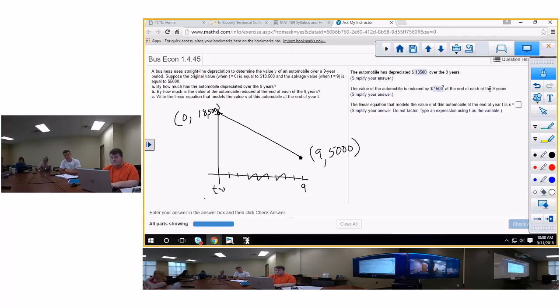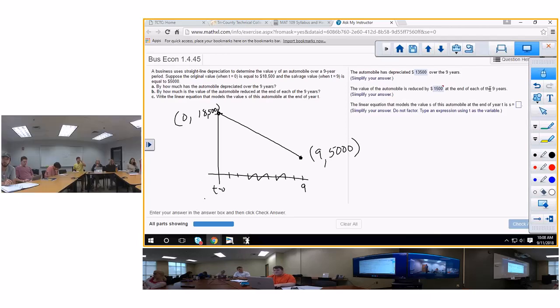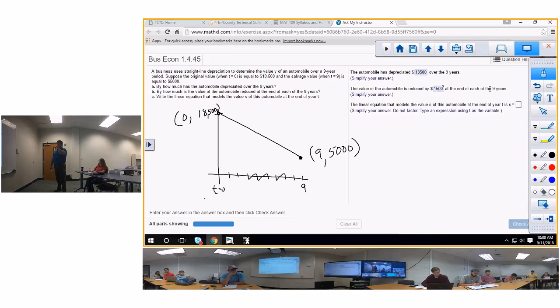That'd be 9. No, that wouldn't work. Hold on a minute. I'm thinking about this one because of the way it's written: how much is the value of the automobile reduced?